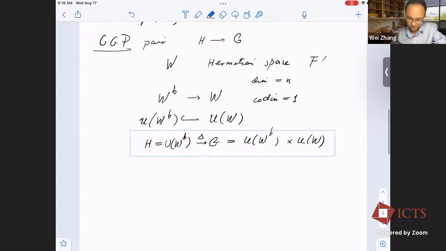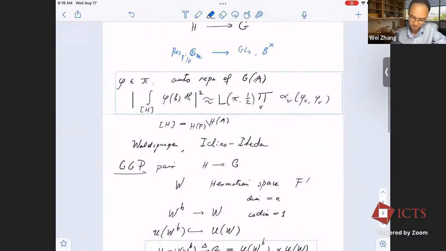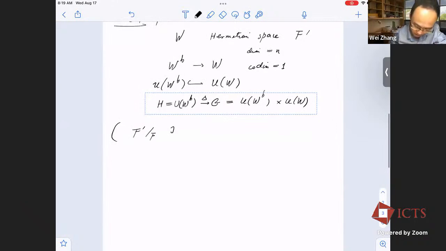As you can see, this is related to the Rankin-Selberg. The remark is that if the quadratic extension is split, well, we didn't really allow F prime to be a trivial extension, but if it is split, then the unitary group will be isomorphic to the general linear group.